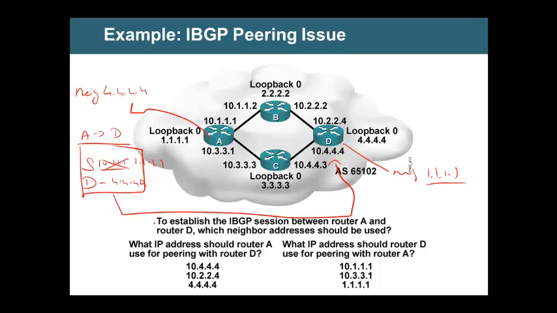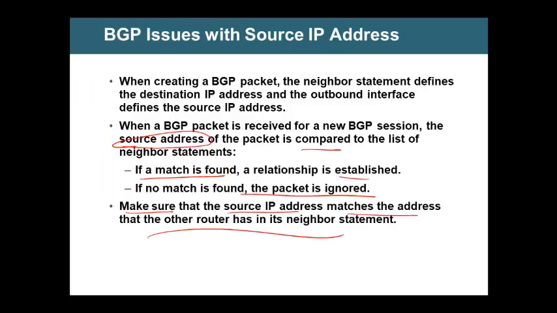How to achieve this? We saw in the previous slide, usually it takes the source address as the outbound interface address. But if that is the case, then I'll not form neighbor, because the second point, the match is not found. The packet is ignored.